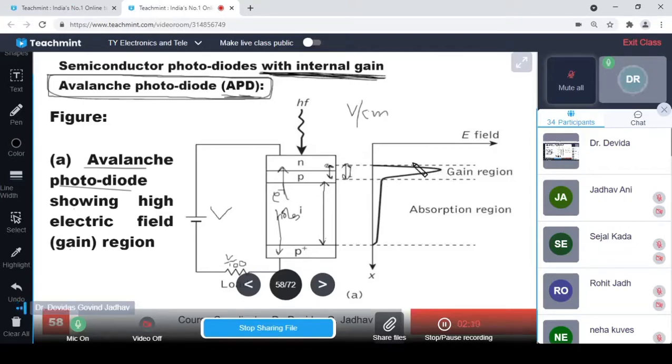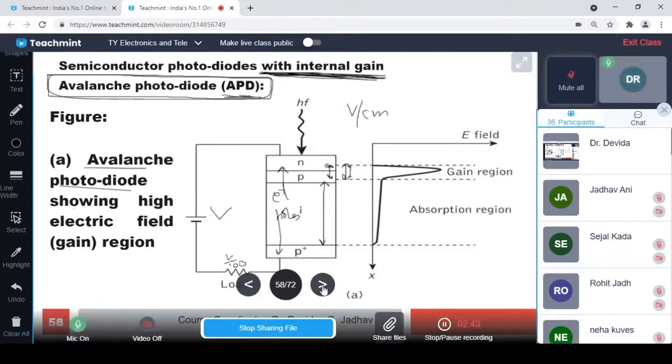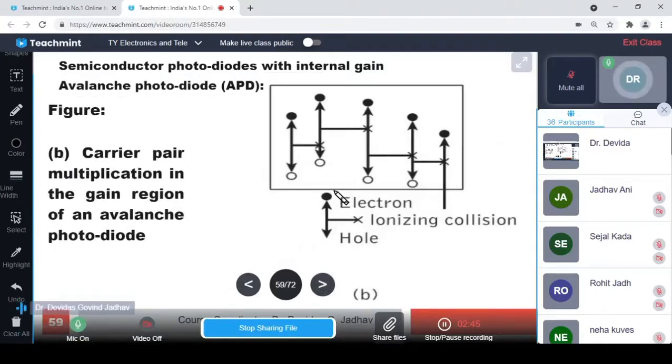So it acquires again very high acceleration and velocity, which means its kinetic energy is increased to a very high level. That means those negatively charged particles have very high energy.